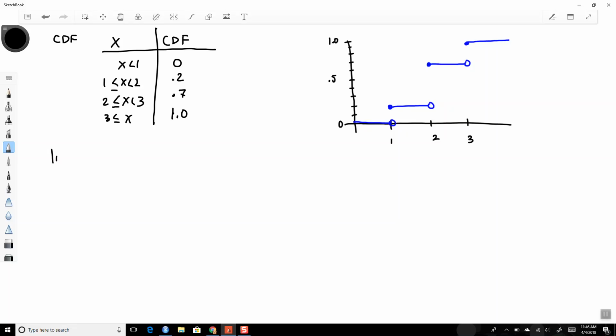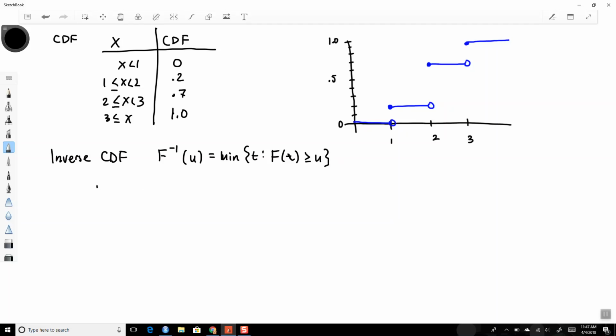The inverse CDF is defined as the minimum value of t that satisfies F of t is greater than or equal to u.